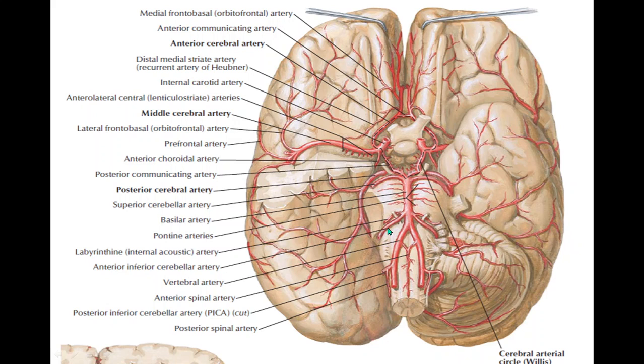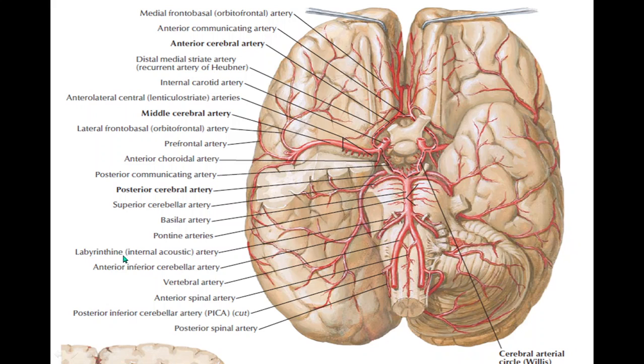Please follow this cursor. This is the anterior inferior cerebellar artery. Along with it, sometimes you find a vessel which may arise directly from the basilar artery, or it may be a branch from the anterior inferior cerebellar artery. It is a very important artery that we call the labyrinthine artery. You can see it here.